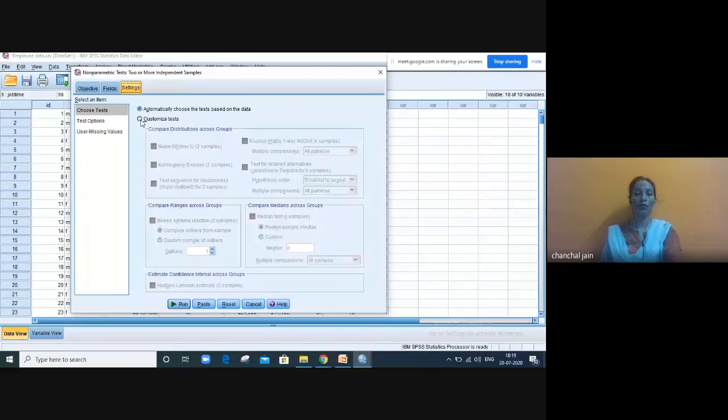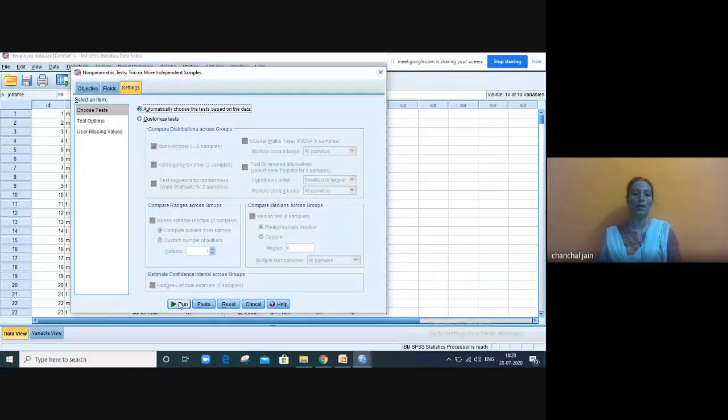If you want to select it yourself, just click on Customize test, and then you can click on the Mann-Whitney U test for two samples. This way you can do it also. Otherwise, you can just click on automatically choose the test based on the data, and it will give you the same thing.